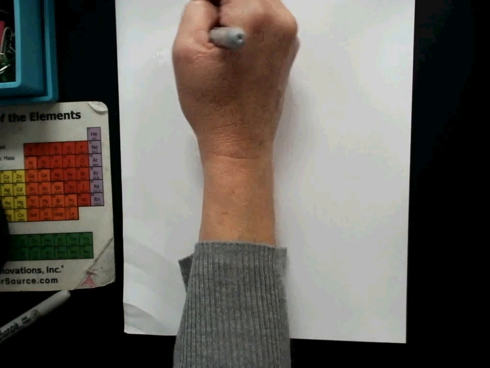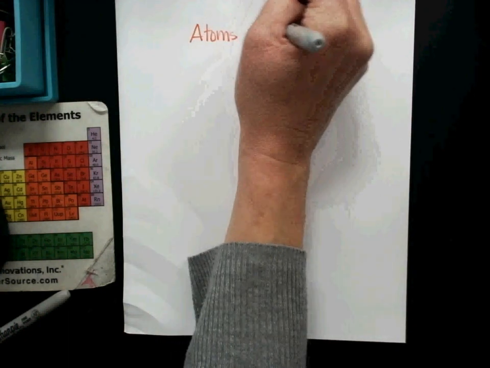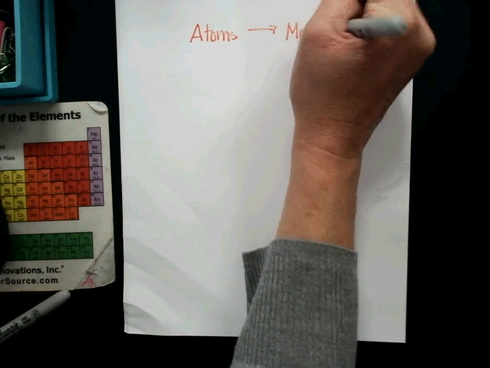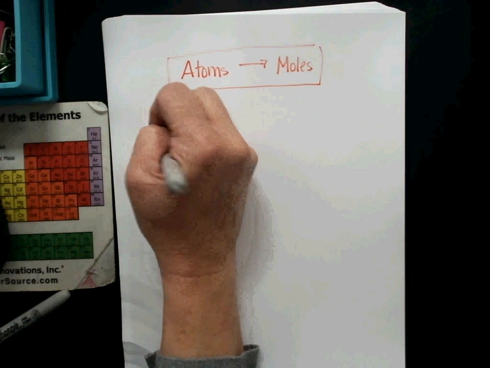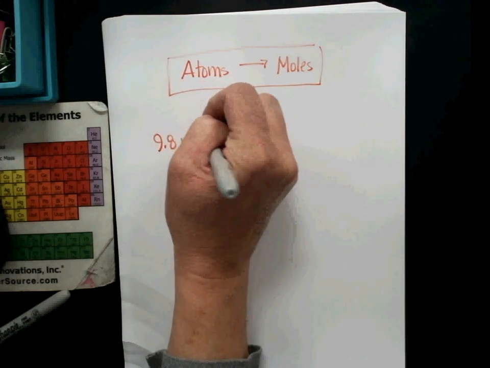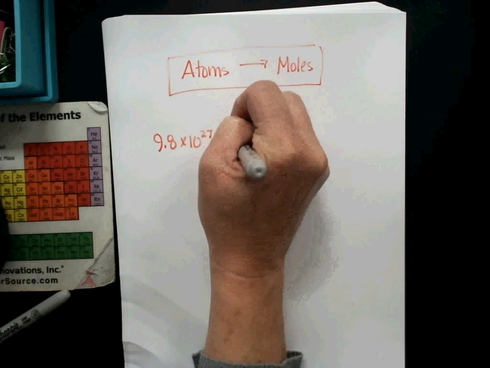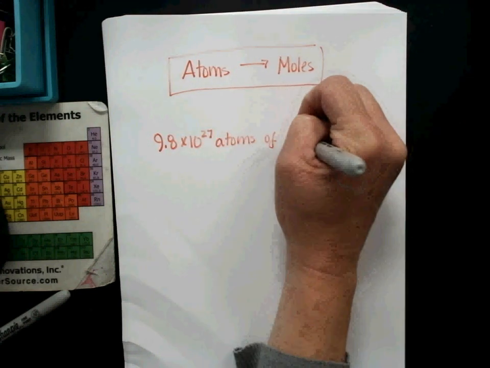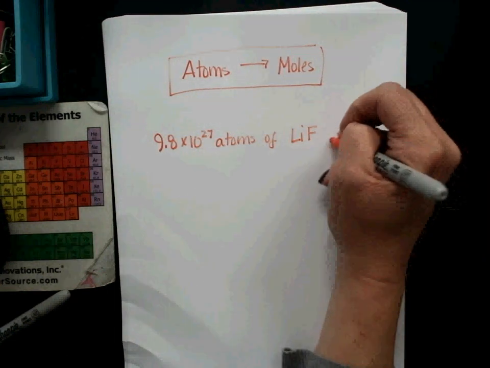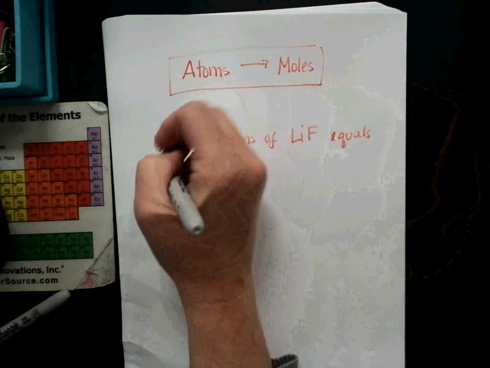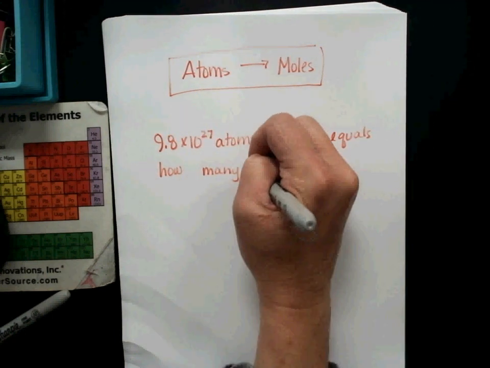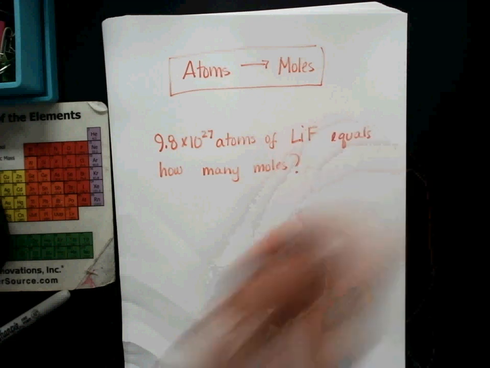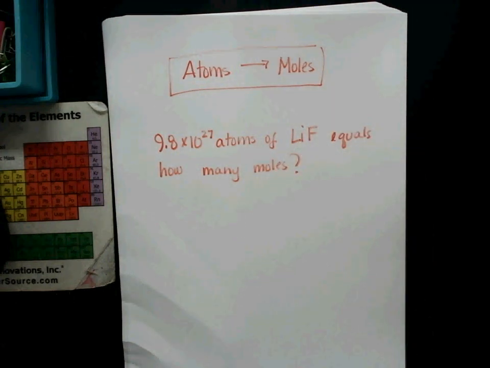All right, I'm going to show you the last one, and then I'll be done. Last one, still 2 steps. We're going to do atoms per mole. So let's do 9.8 times 10 to the 27th atoms of lithium chloride equals how many moles?